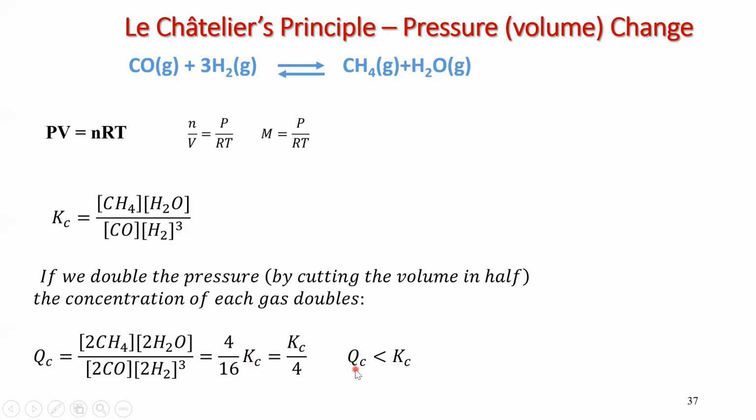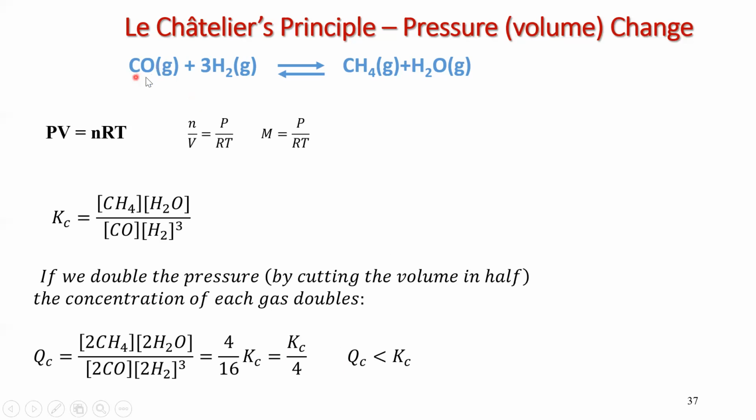So Q is now less than K, and the system's no longer at equilibrium. So we decreased the volume, which increased the pressure, which increased the concentrations.